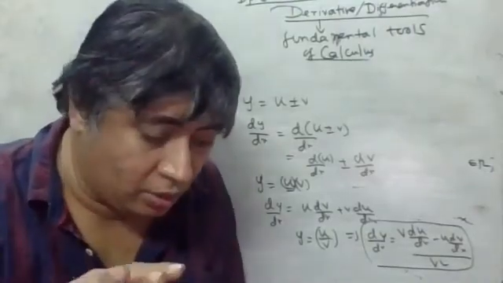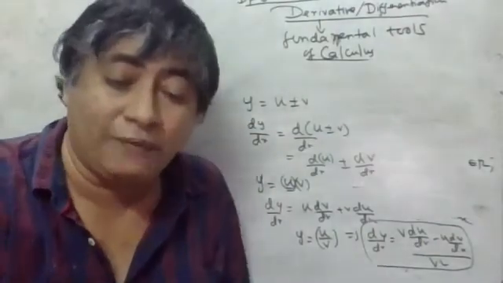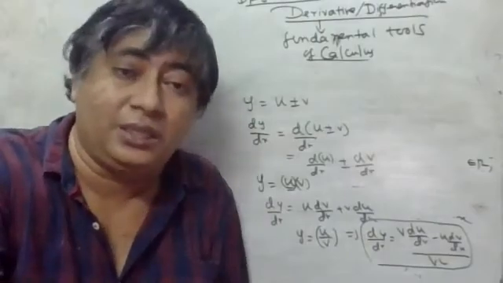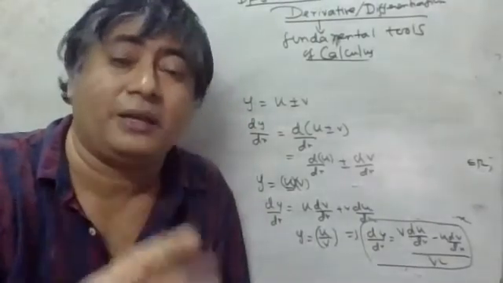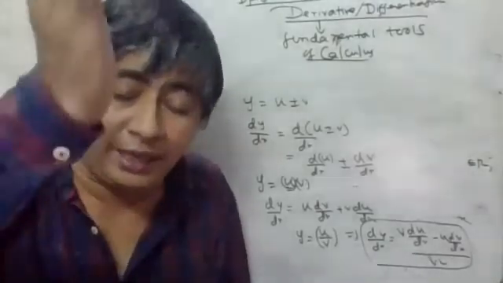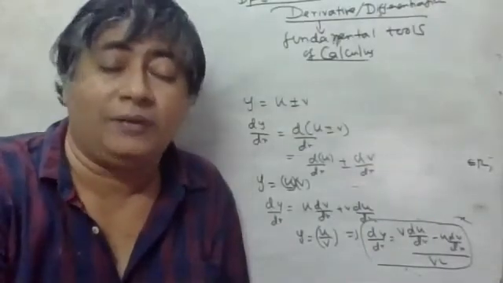So we have just started differentiation today. We have got the concept of the definition. We have got the role of differentiation, meaning getting the slope of a tangent at any point to a curve.